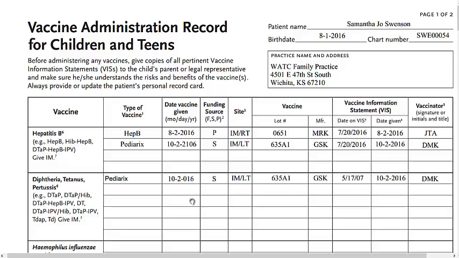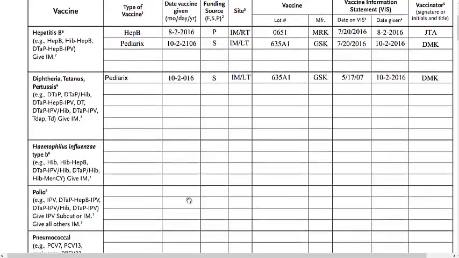And the other component in a Pediarix is the inactivated polio. So it's down here. I'm going to put Pediarix in here. The date that I gave it. What my funding is. My injection site.